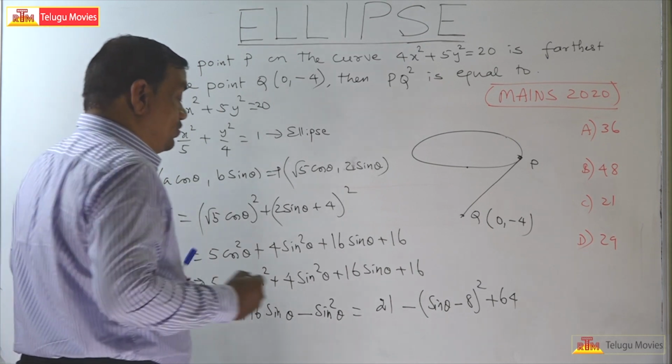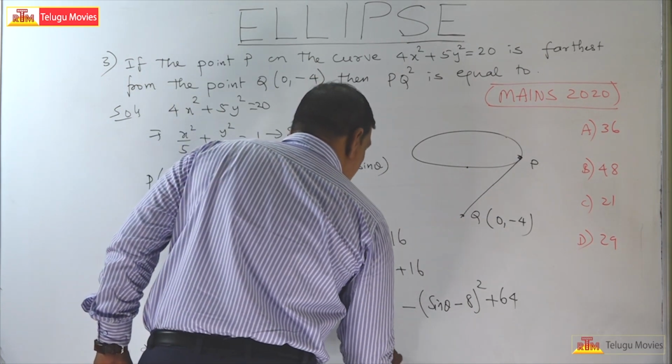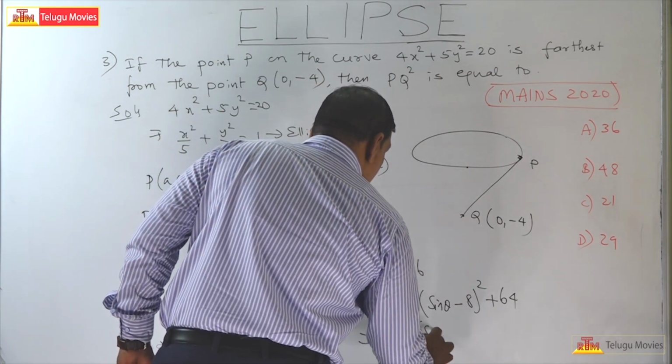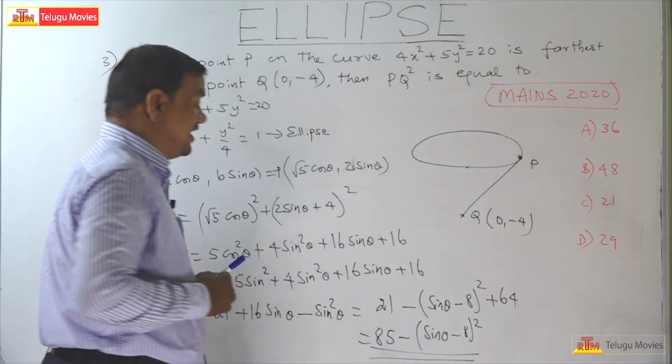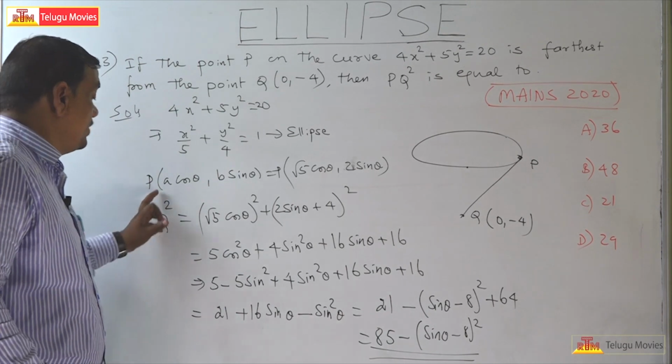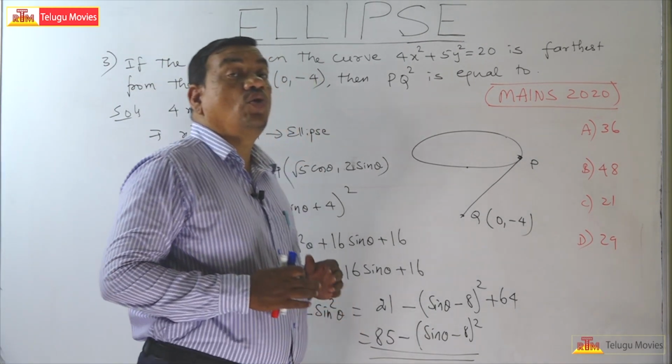So this is 21 plus 64, which is 85. So PQ square is equal to 85 minus (sin theta minus 8) whole square. This is the expression you will get.